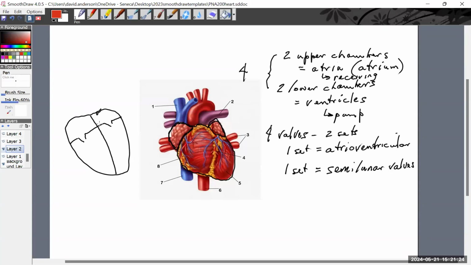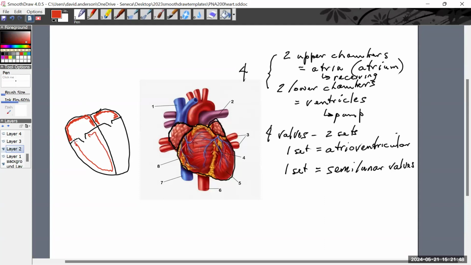Now there's a myocardium that's part of all of these chambers. All of these chambers have the ability to contract, and that becomes an important part of delivering blood. Okay, but the chambers down below, the ventricles, are strong chambers.